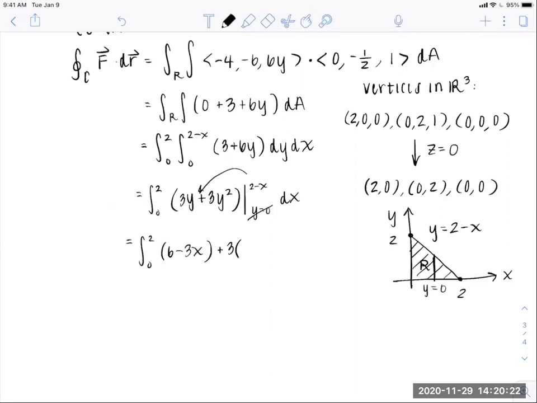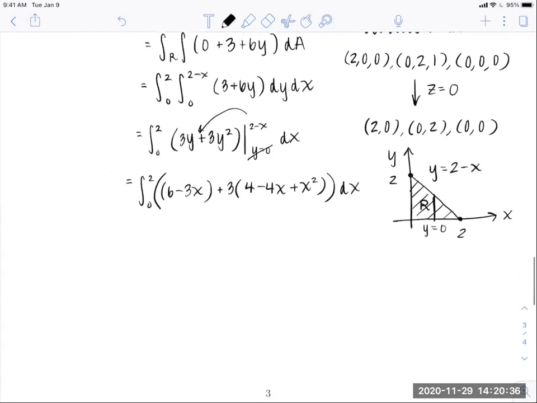And then I have plus 3 times (2 minus x) squared. So that's 4 minus 4x plus x squared. And all of this is going to be integrated with respect to x. So let's go ahead and simplify here. I have a 6 and a 12 gives me an 18. Then I have a negative 3 and a negative 12 gives me negative 15x. And then I just have a positive 3x squared.